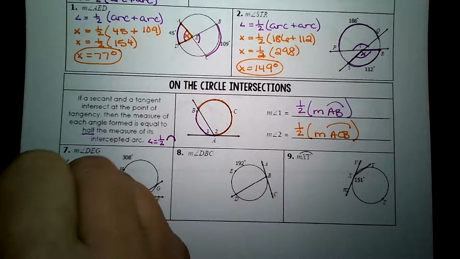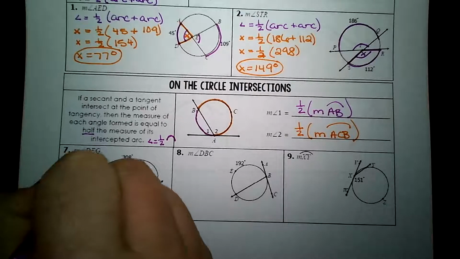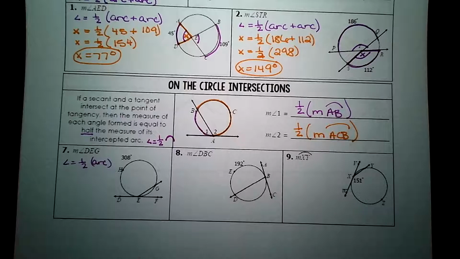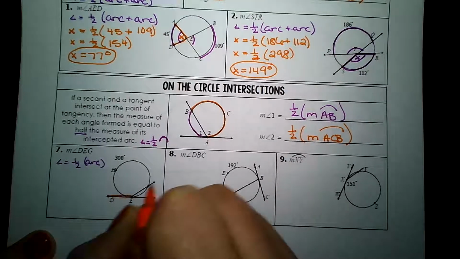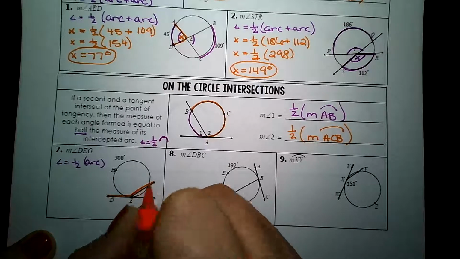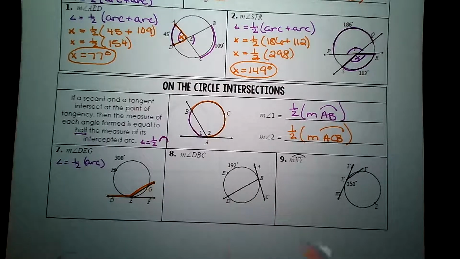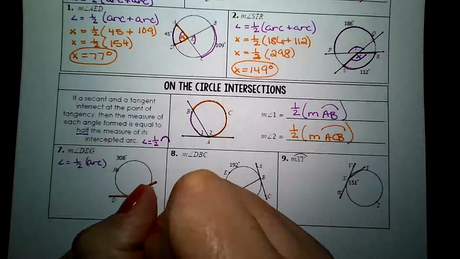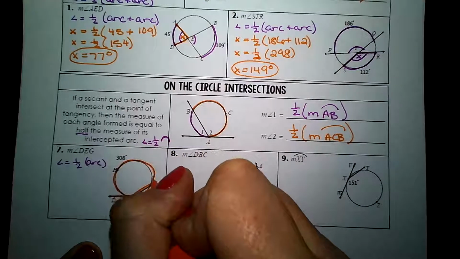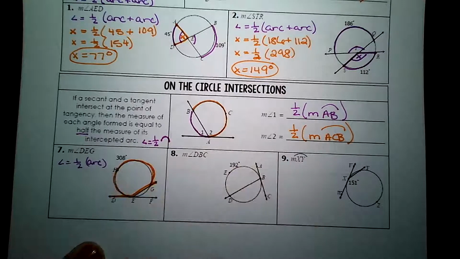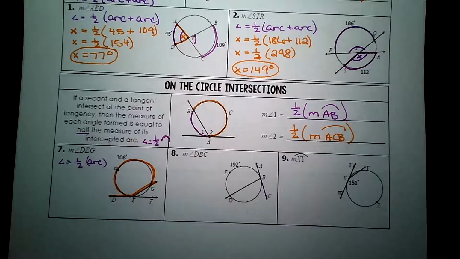Write in my formula: angle is equal to half of the arc. Okay, I am looking for angle DEG. So the arc that goes along with DEG starts at E, goes all the way around to H, and finishes up at G. It's a 308-degree arc.